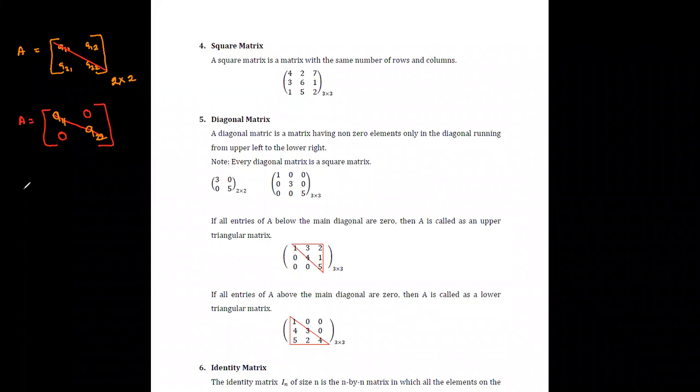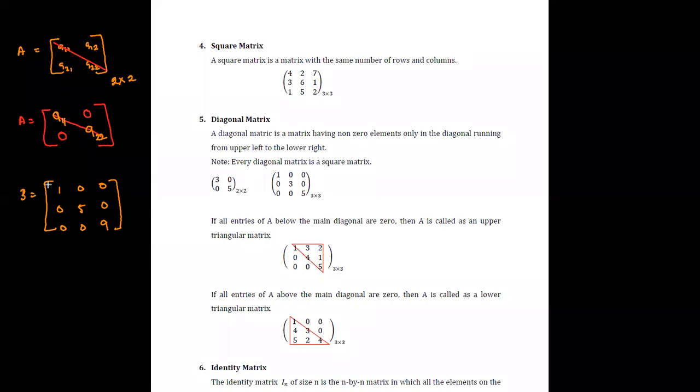As the next example, let B be a 3 by 3 matrix, it is 1 0 0, 0 5 0, 0 0 9. In this situation, the main diagonal comes from the upper left to the lower right, so we can see this is the main diagonal. Now you can see all the elements which are not on the main diagonal are zero.